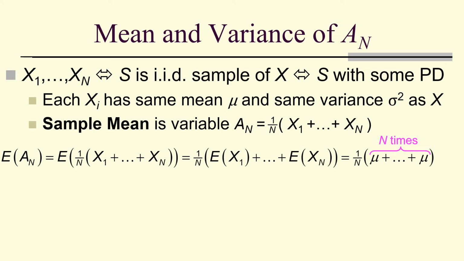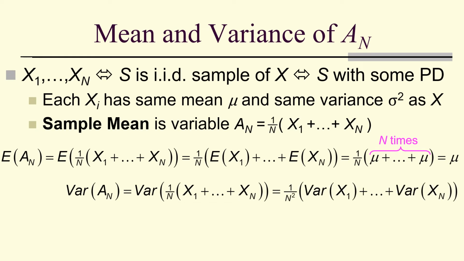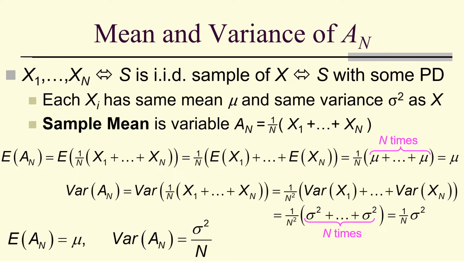And we get mu added to itself n times, divided by n, but that's just mu. The variance of An is the variance of 1 over n times the sum of the variables, but that's 1 over n squared times the sum of the variances. The variance of each is sigma squared. There are n of those, so we get 1 over n times sigma squared.